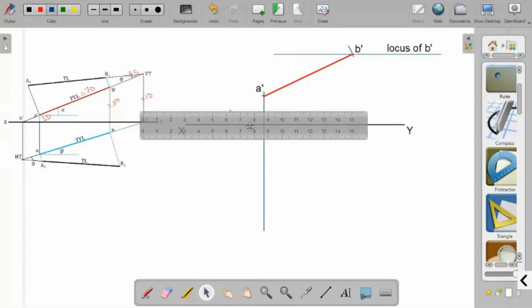And through this point, draw the locus of our VT. So this is the locus of VT.